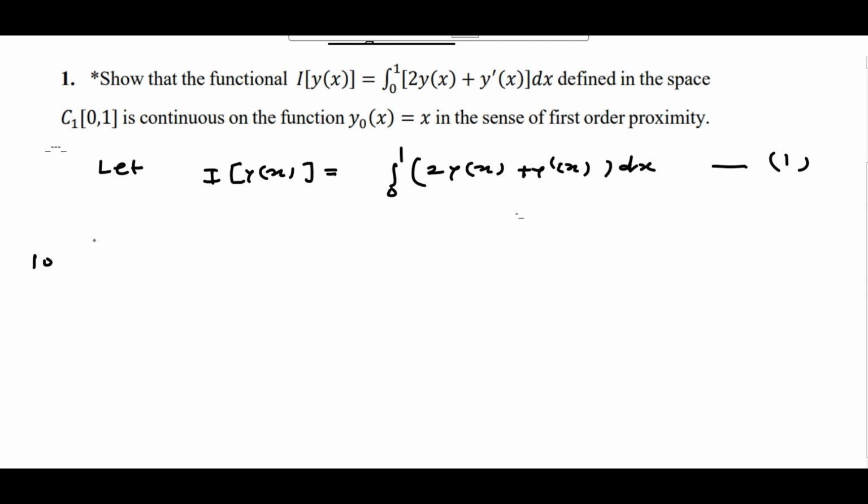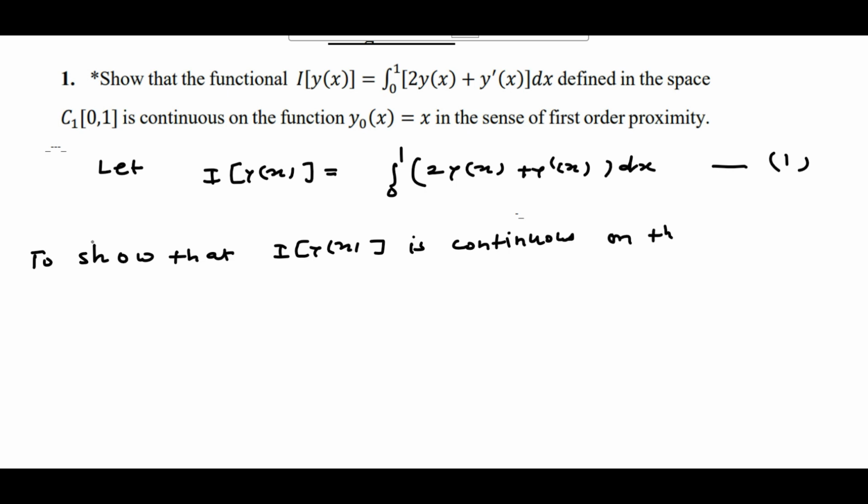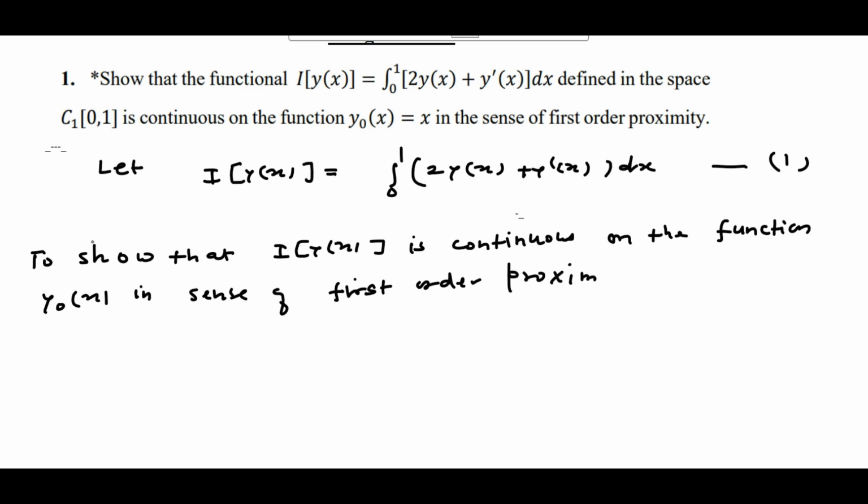Now we need to show that the functional I of y of x is continuous on the function y naught of x in the sense of first order proximity.